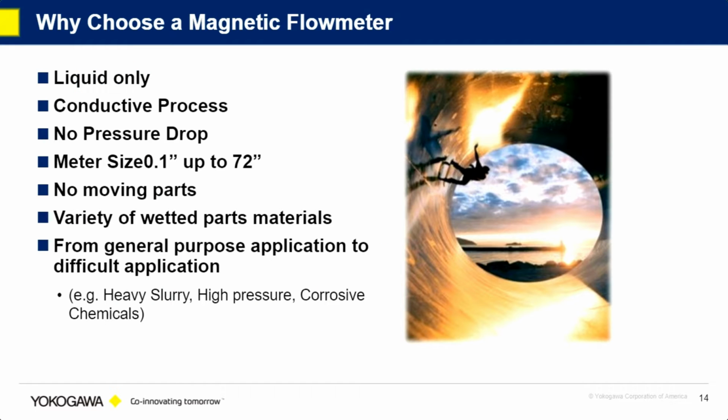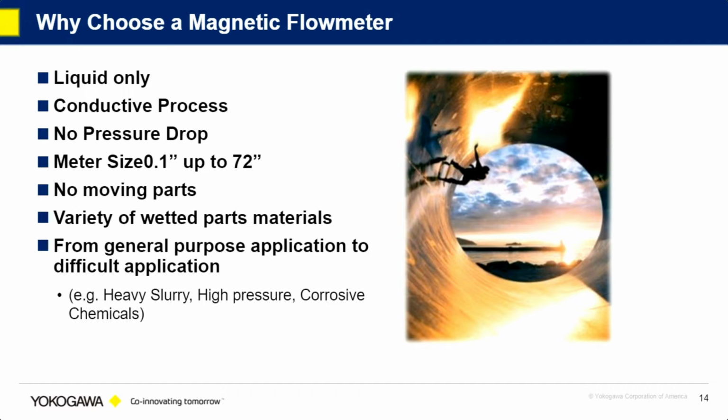So magnetic flow meters are liquid-only meters. As Jim mentioned early on about the different processes, for mag meters, it has to be a liquid and it has to be a conductive process. Mag meters have a minimum threshold of conductivity, typically down to about 1 microsiemens. We do have our AdMag CA, which I mentioned is a capacitance meter that we can get down to 0.01 microsiemens of conductivity.